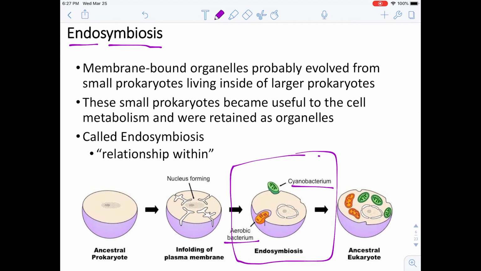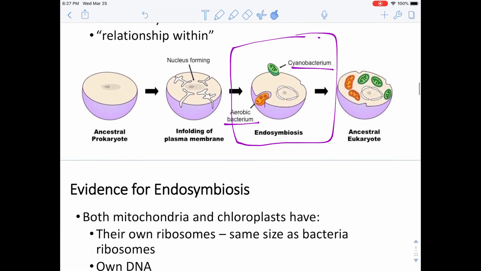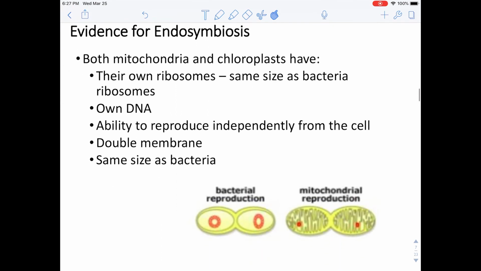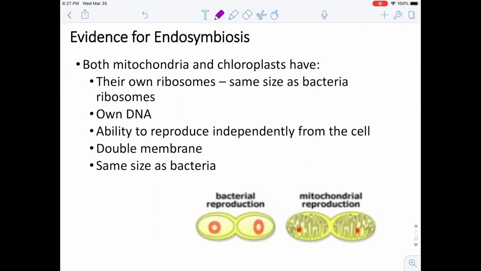It probably was selected for time and time again through natural selection. And then eventually, we think that those little tiny bacteria became what are now called organelles. So the origins of organelles might suggest that they came from these little tiny prokaryotes that lived inside of larger ones.